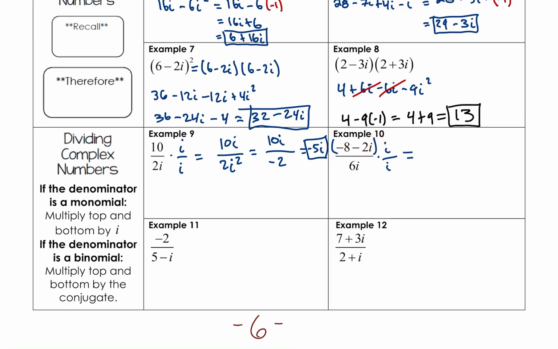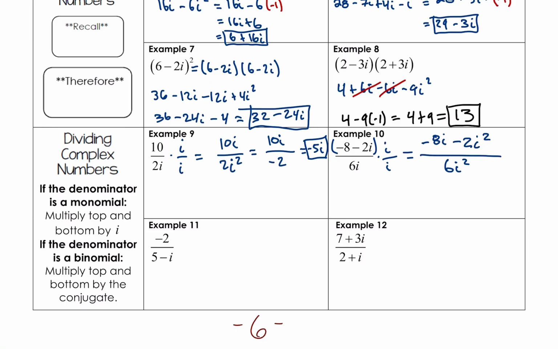So I'm going to end up with -8 times i. Sorry, said that wrong. So I've got -8i, and then -2i times i, which is -2i squared. Then on the bottom, I've got 6i times i, which is 6i squared.